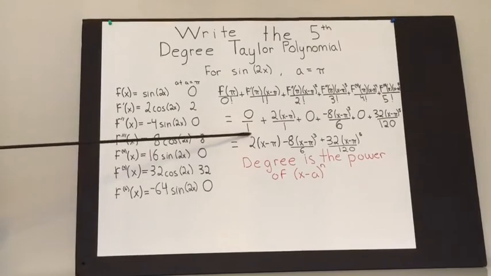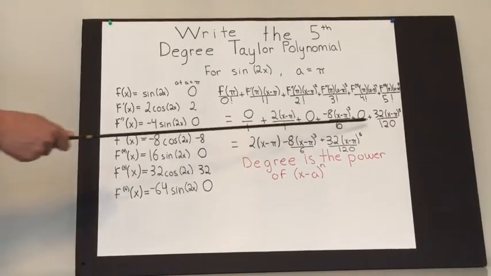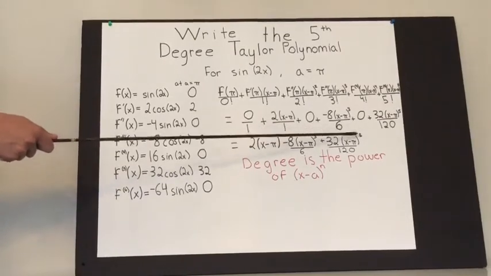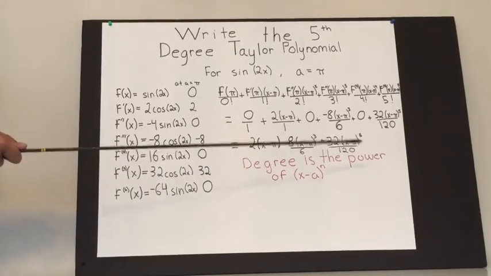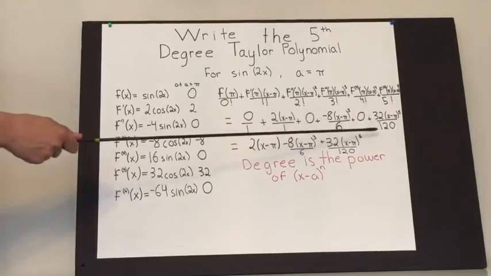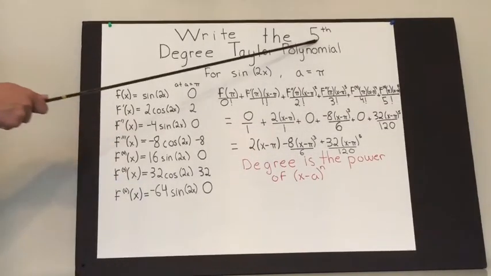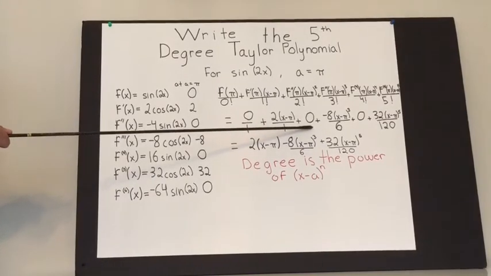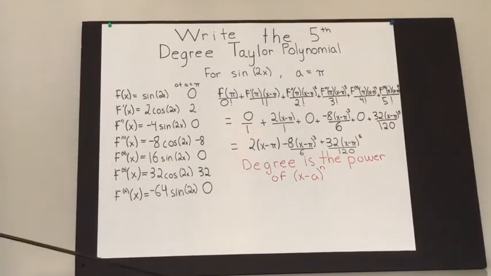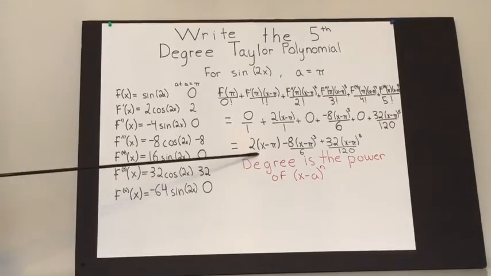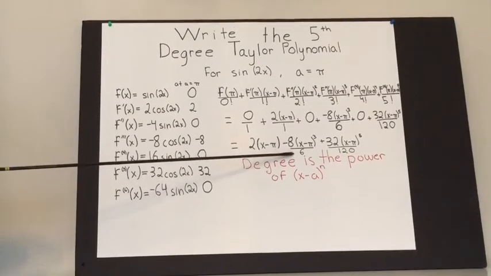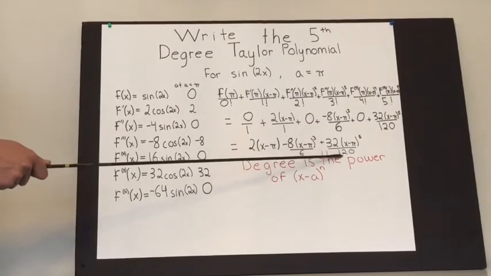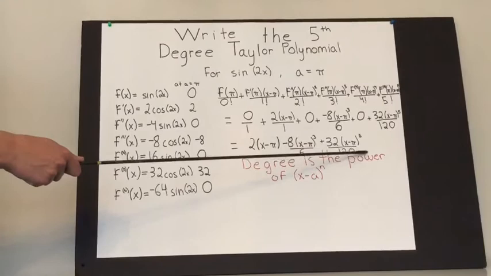Now we're going to simplify, and we can see the zeros pop up here, here, and here. But the reason they're so important is because very often when people don't use them, they will not get the correct numbers for the 5th degree, since they will believe that that means 5 polynomial terms. But as we will see in the answer, that is not necessarily true. So we simplify, and we get 2(x-pi) minus 8 divided by 6 times (x-pi)^3, plus 32 divided by 120 times (x-pi)^5.